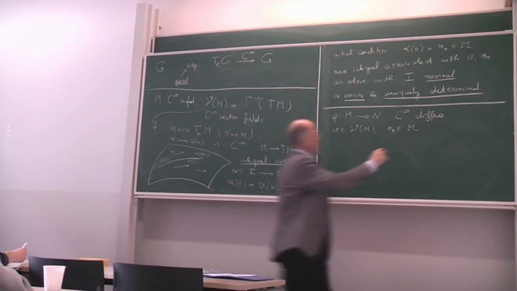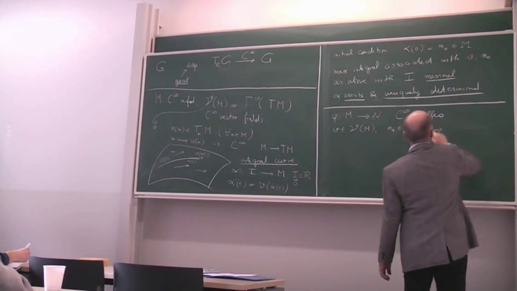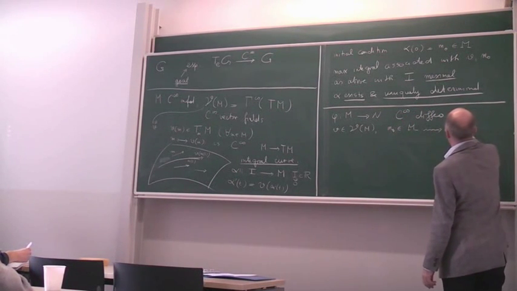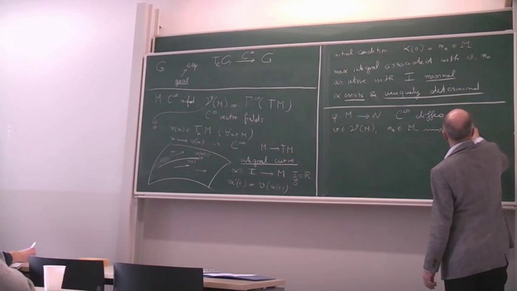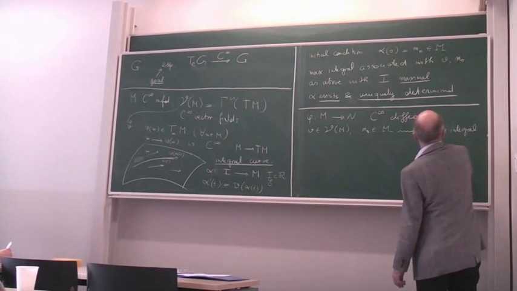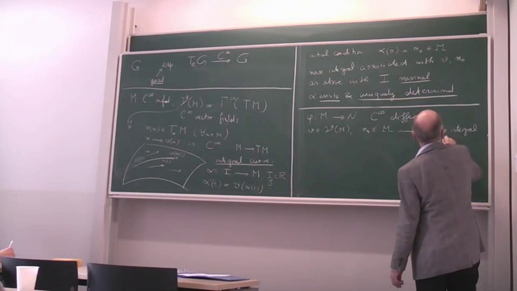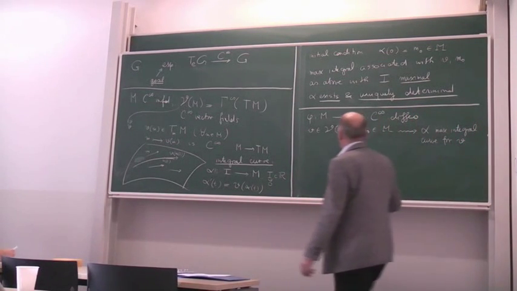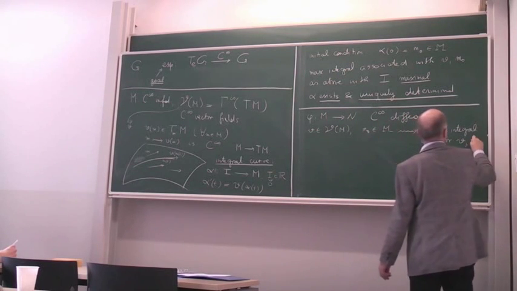Then this gives rise to an associated maximal integral curve for v with the initial point m naught.